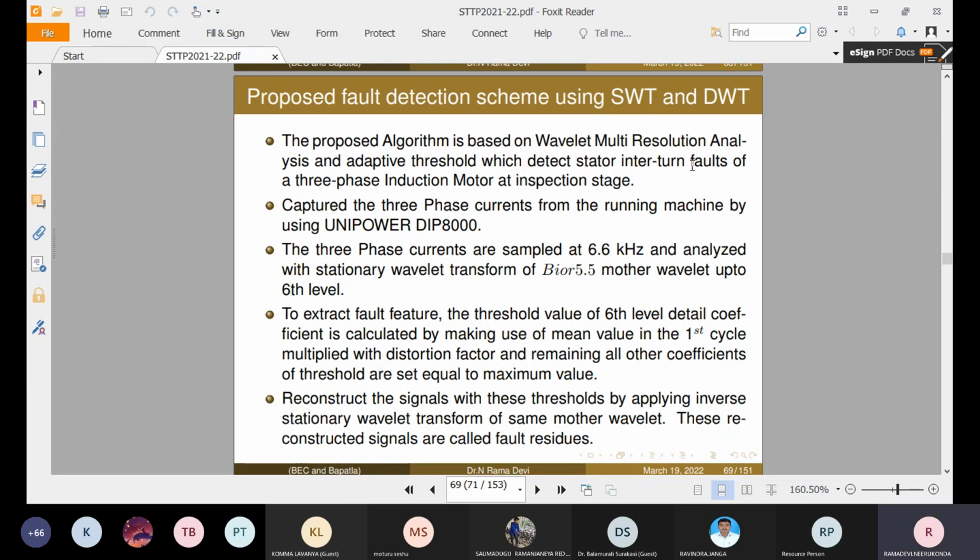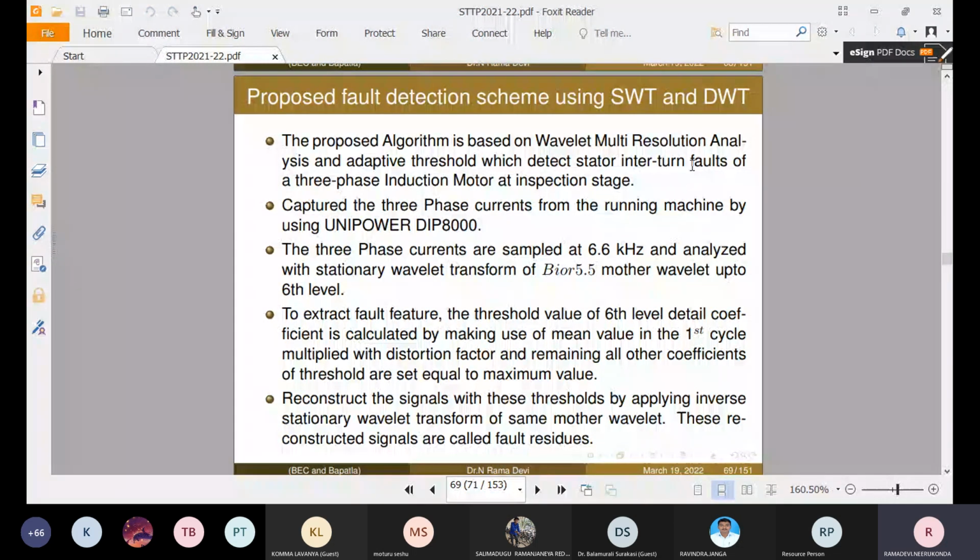Whenever we reconstruct the signals, certain unrequired information is removed from the signal with the help of thresholds fixed for every level. The threshold for the 6th level of detail coefficients in the SWT is calculated using the mean value of the first cycle multiplied by the distortion factor.